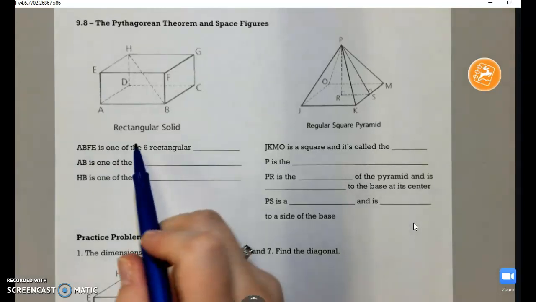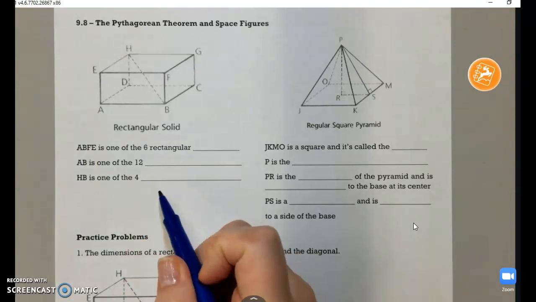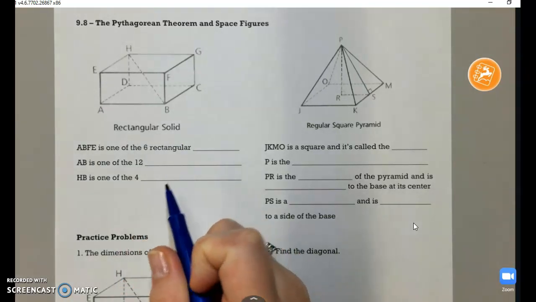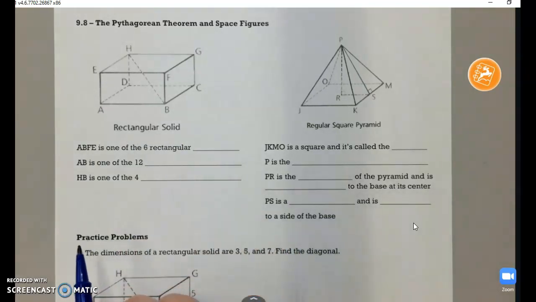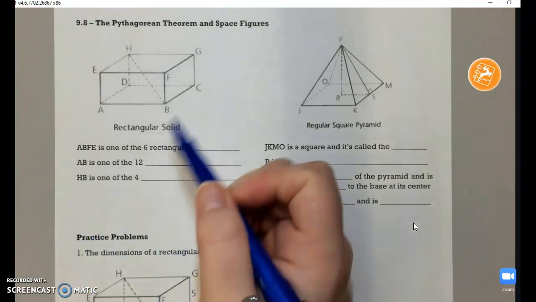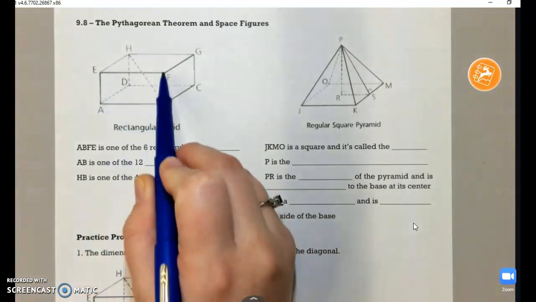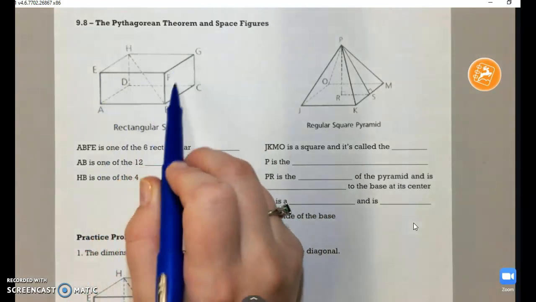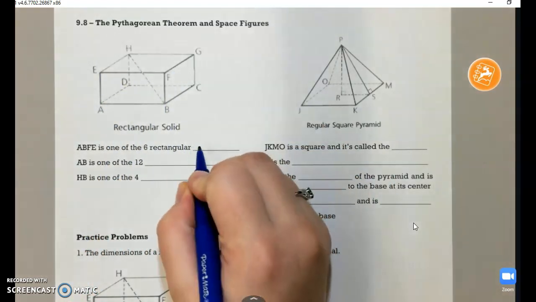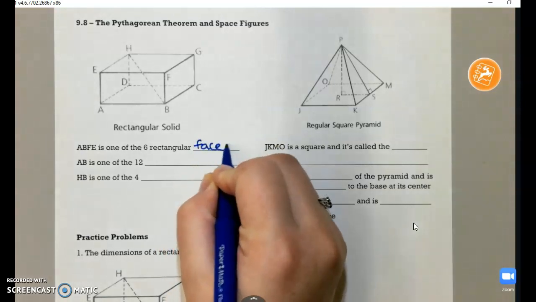So the first one is about our rectangular solid, which is kind of like a rectangular prism. And one of the features of these rectangular prisms is that they have 6 faces. So A, B, F, E, these flat sides that make up the prism, those are all called faces. So that's one of our regular faces.